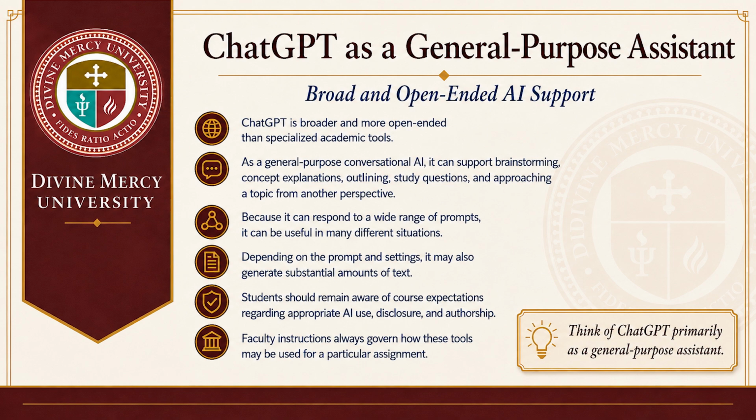At the same time, depending on the prompt and settings, it may also generate substantial amounts of text. Therefore, students need to remain aware of course expectations regarding appropriate AI use, disclosure, and authorship, and faculty instructions always govern how these tools may be used for a particular assignment.